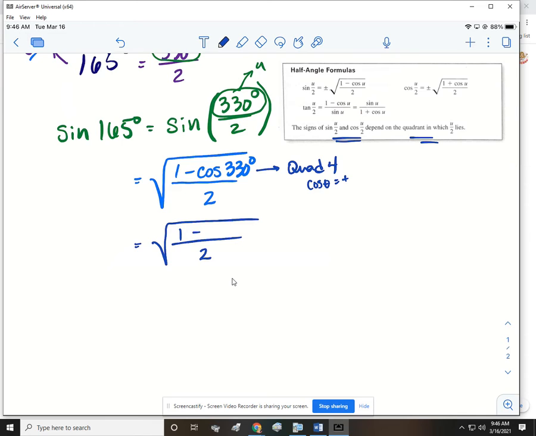The reference angle for 330 degrees is going to be 360 minus 330, or 30 degrees. So for reference angles, you either use subtraction with 360 degrees or subtraction with 180 degrees. If it's an angle that's in quadrant 4, you use 360 degrees. If it's in any other quadrant, you use 180 degrees.